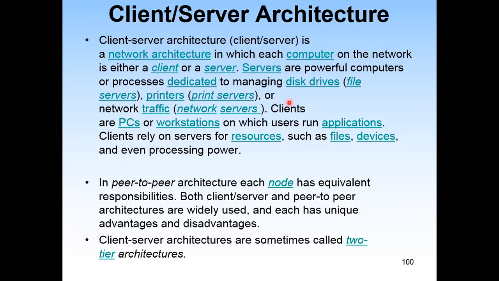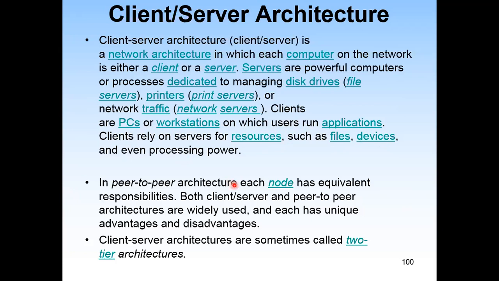Clients are the PCs which can avail the facilities provided to them by the dedicated servers. So those PCs or workstations work as clients of those servers, on which users run applications. Clients rely on servers for resources such as files, devices, and even processing power.